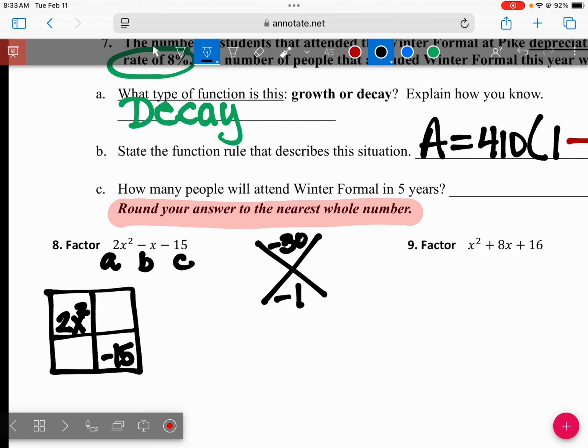Anybody? No. So they have to multiply to give you negative 30 and add to a negative 1. What are some numbers that we know multiply to give us 30? Oh, wait, I think somebody about to save us. What'd you say? Negative 6 and what? And positive 5.